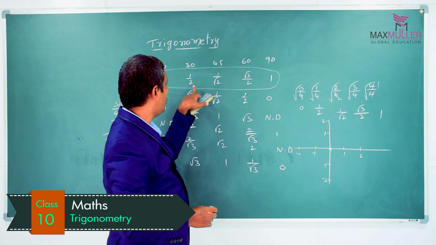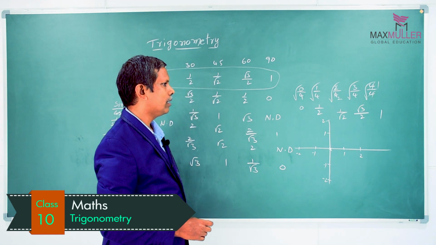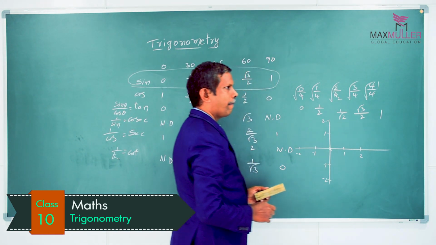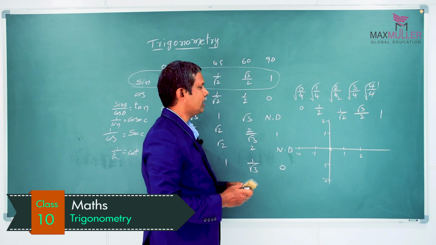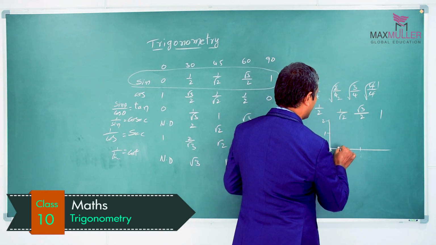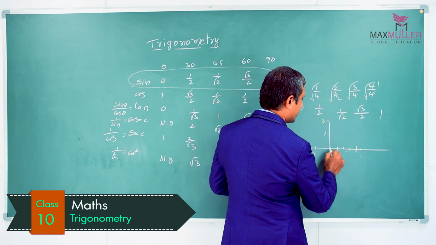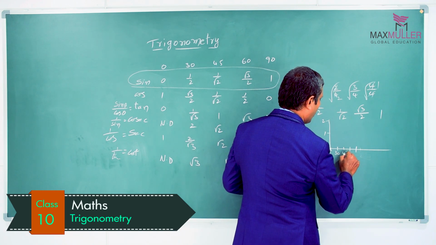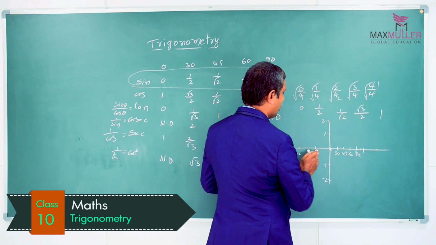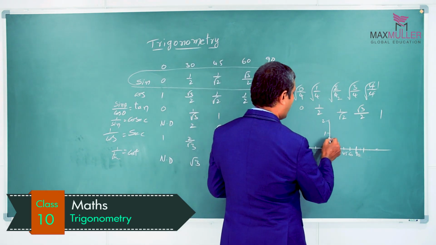So what is the value 1 by 2? 0 degrees, 0 and 30 degrees. Here I am taking the angles on the x-axis and values on the y-axis: 0, 30, 45, 60 and 90, and so on. Only positive angles we are taking. What is the value of 30? 1 by 2.